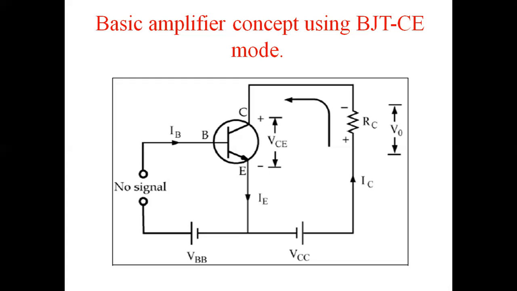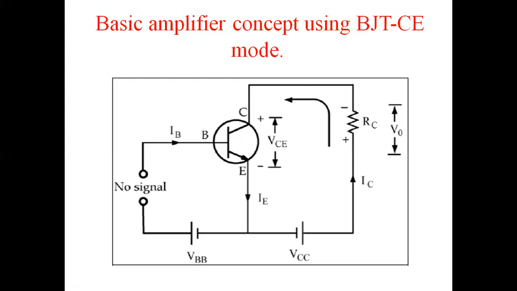As we have discussed in the previous case, in order to achieve this, the input circuit of the transistor should remain forward biased and the output circuit should always remain reverse biased during all parts of the input signal. So here the weak signal is given to the base of the transistor and the amplified output is collected across the output terminal, that is the collector terminal.